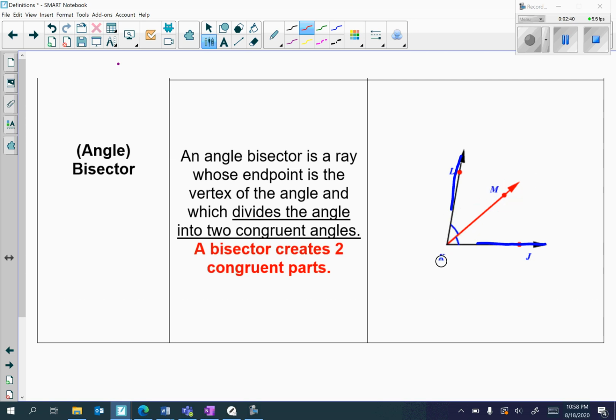So therefore, this angle here, which I'll call 1, and this angle here, which I'll call 2, are congruent. Therefore, angle 1 and angle 2 are the same. So if angle 1 is 30 degrees, then angle 2 is 30 degrees. So essentially, we're cutting that big angle into two smaller angles that have the exact same measurement. A bisector creates two congruent parts.